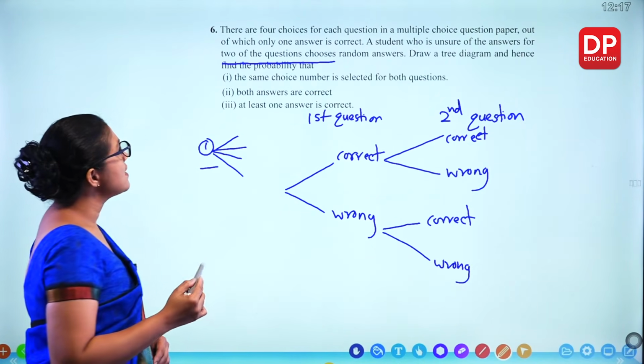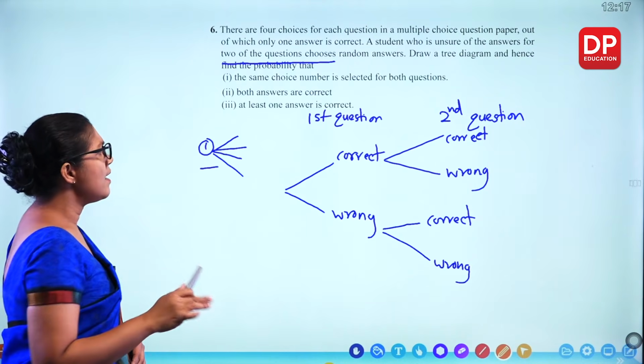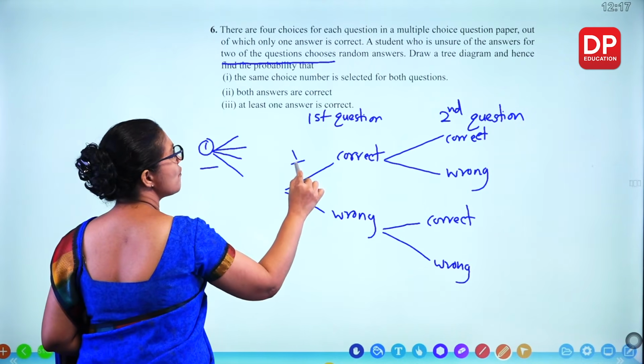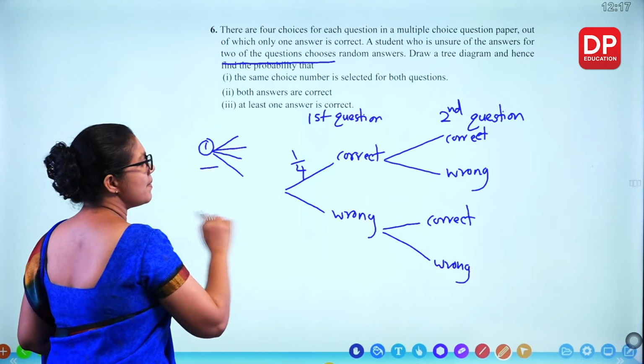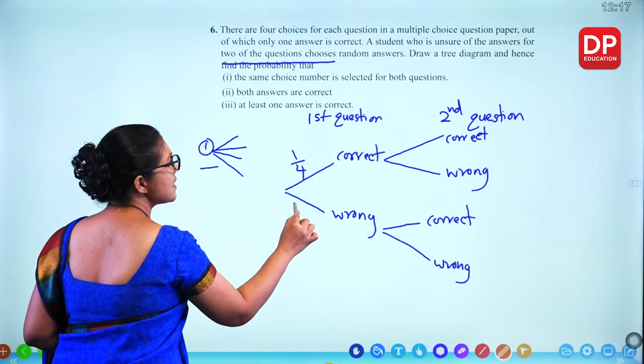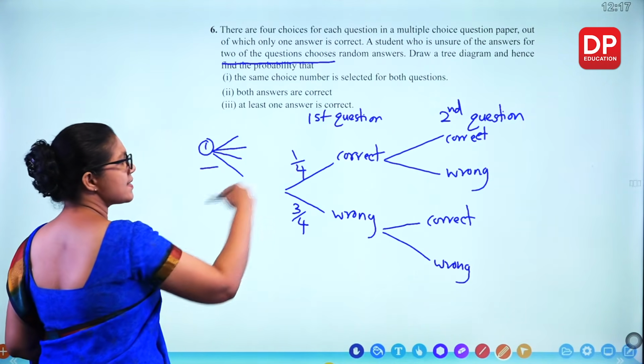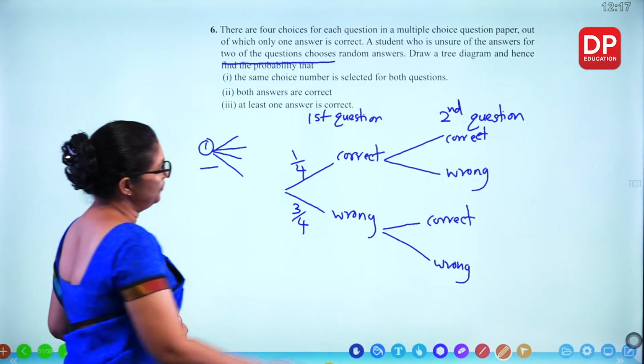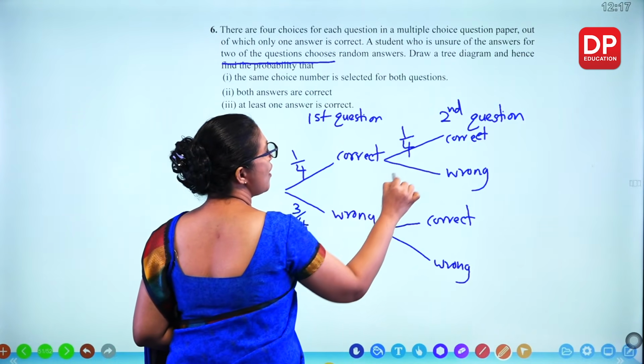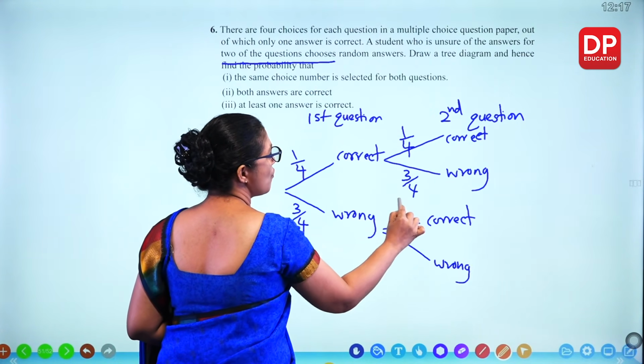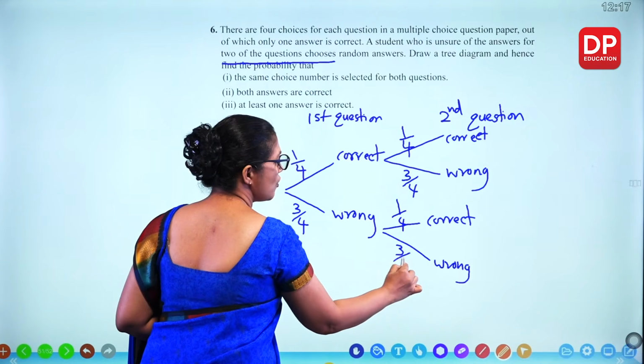The probability is, 4 choices are there. One correct answer means 1/4 is the correct probability. Then the wrong probability is 3/4, 1 minus that. Fill the other gaps. 1 over 4, 3 over 4. 1 over 4 here, 3 over 4.